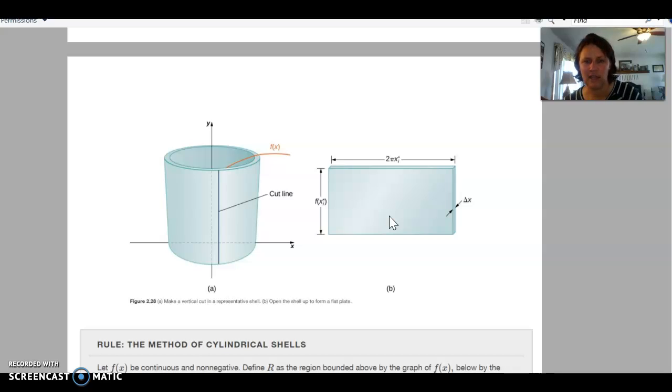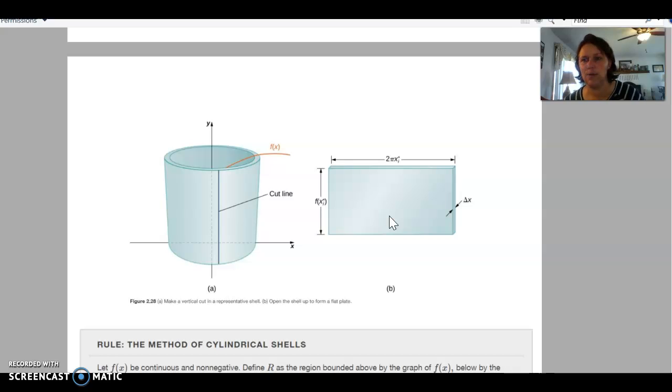Well, when you cut that label and pull it off and straighten it out, it becomes a rectangle. This is the exact same thing we're going to be doing with the shell method: taking out one complete rotation of it, ironing it out so that it's the shape of a rectangle.